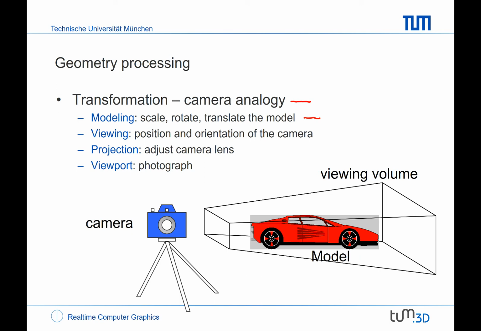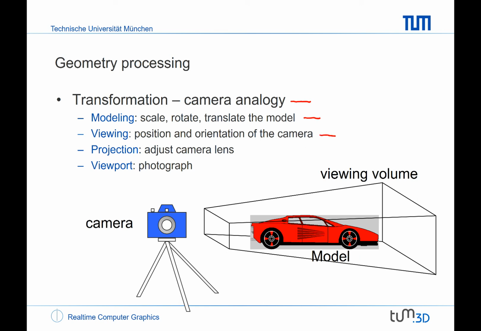We might also, if it is possible, make the object a little smaller or a little larger, which is not so easy, of course, if you have a real-world model. But if we could, we would just arrange the model with respect to its orientation and size so that it fits the environment well, and then gives a nice image of this. And this is what we call the modeling transformation.